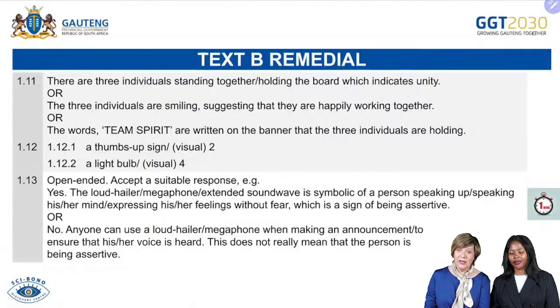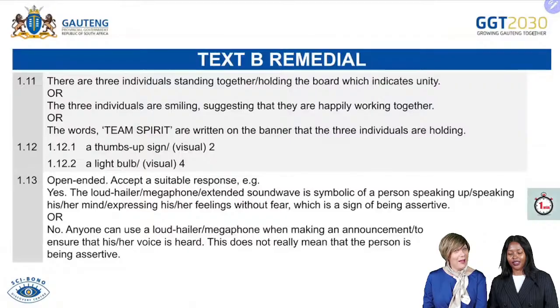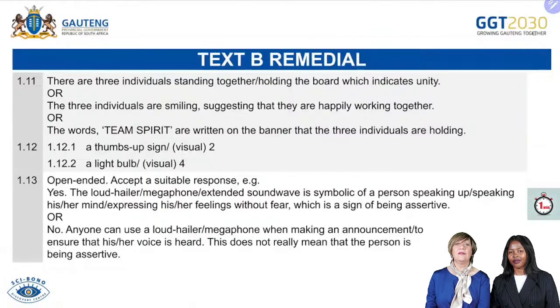So if you look there, on your answer sheet, you'll see we wanted 3 individuals standing together, holding a board, or we wanted 3 individuals smiling, showing they're working happily together, or we wanted the one about the banner, about the team spirit. Can you see? You have to focus on the detail.